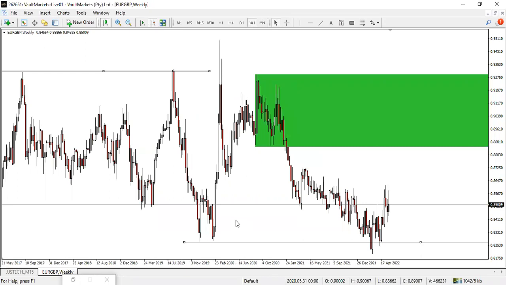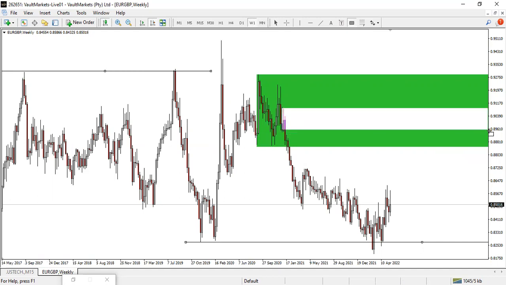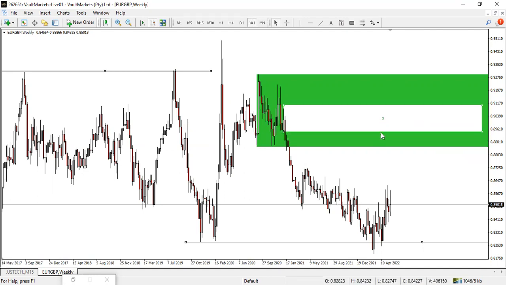That was monthly time frame. Okay, so now let's go to a weekly time frame. So then on weekly time frame, immediately I see an area where we expect a retest before the break, and then this is that point of interest.